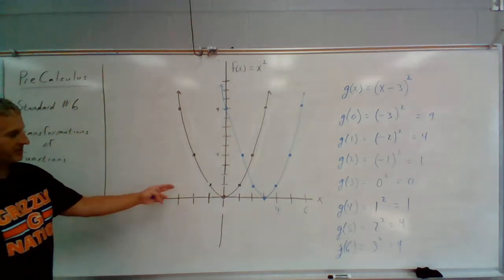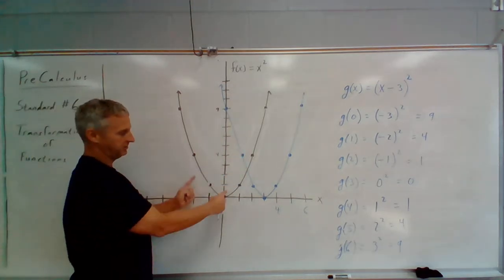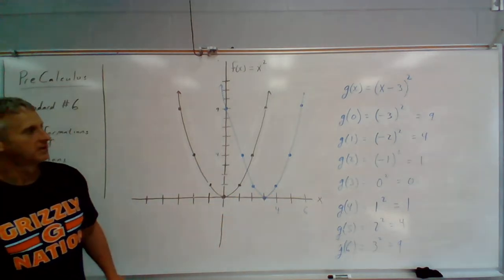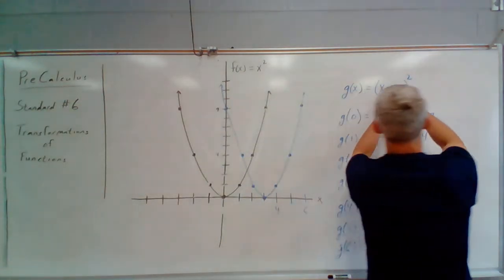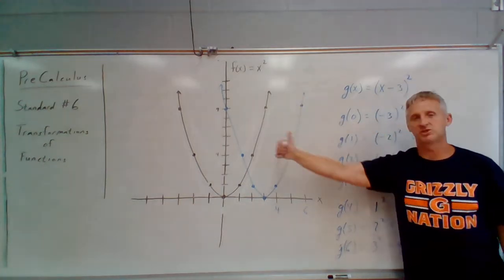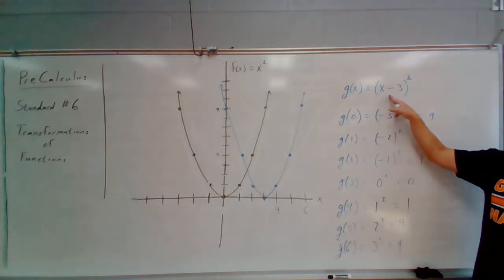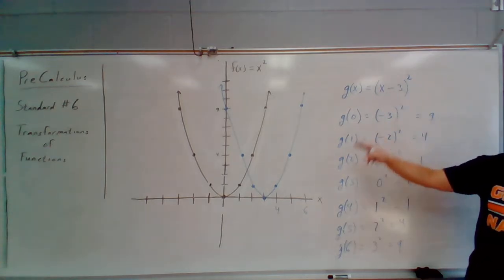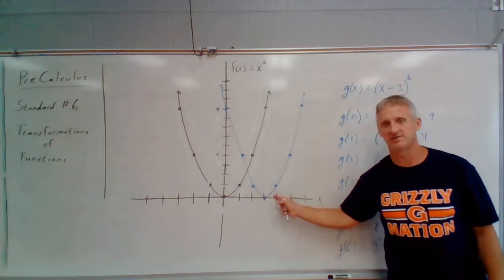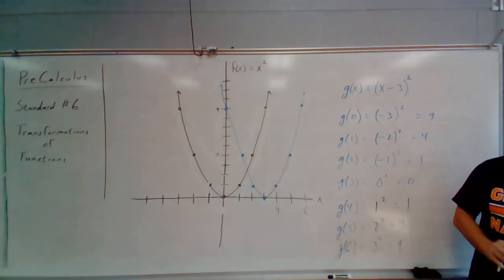So we can see that every point on the black function got shifted right 3 spaces. So this minus 3 caused every point on the original function to shift right 3. Notice that it's opposite. Minus 3 caused the original function, the black function, to shift right 3 spaces.